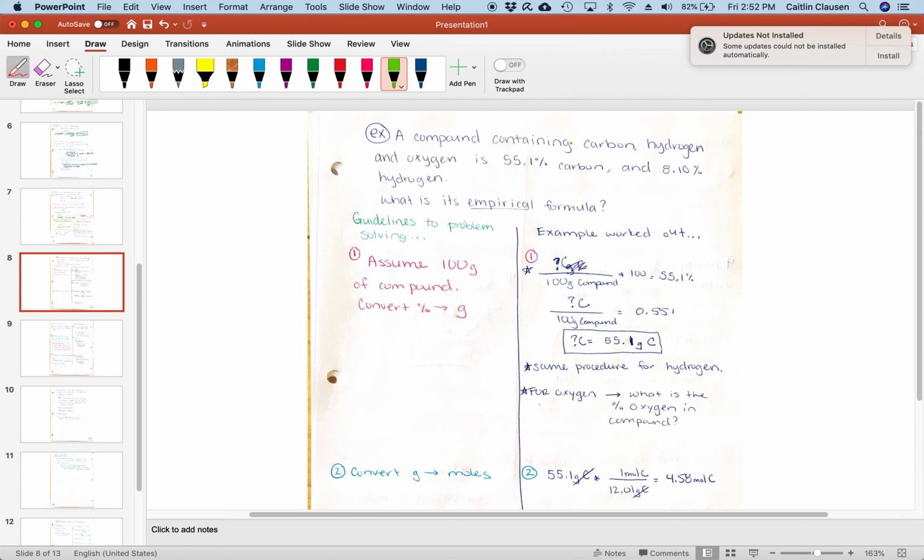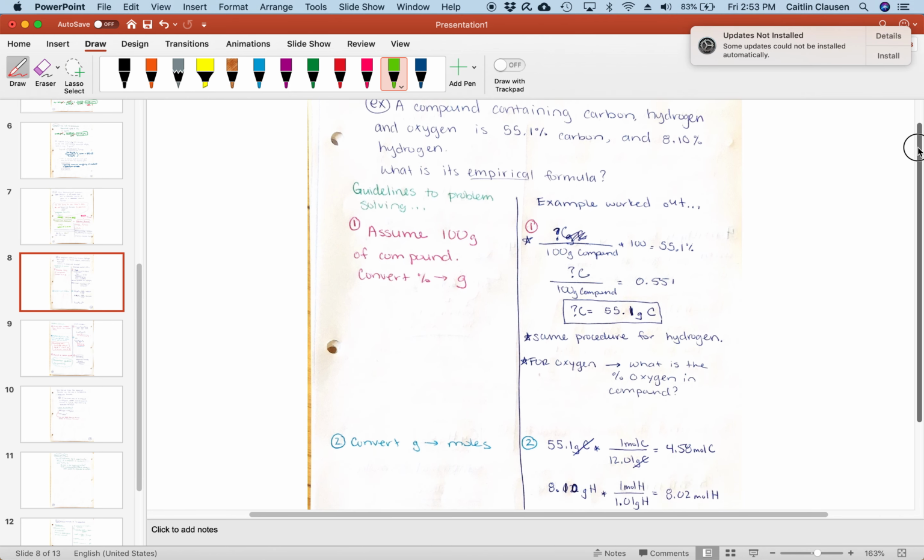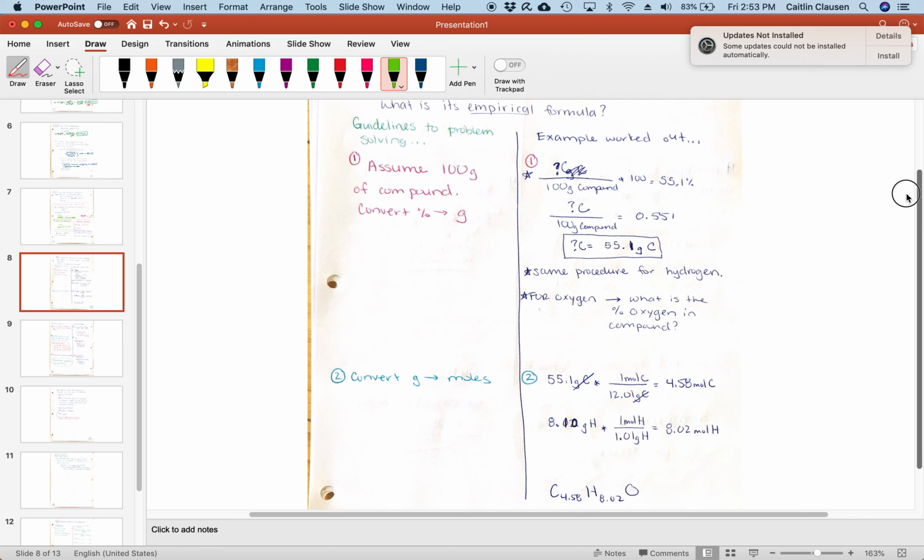So an example: we have a compound containing carbon, hydrogen, and oxygen. It is 55.1% carbon and 8.1% hydrogen. What is its empirical formula? So we can use these percents to figure out the empirical formula.